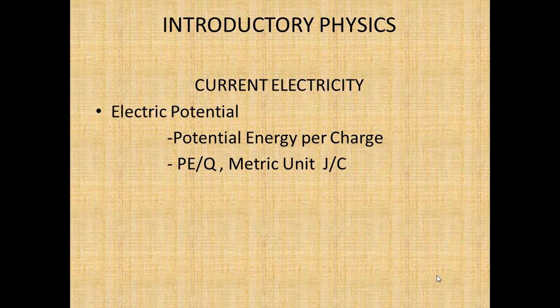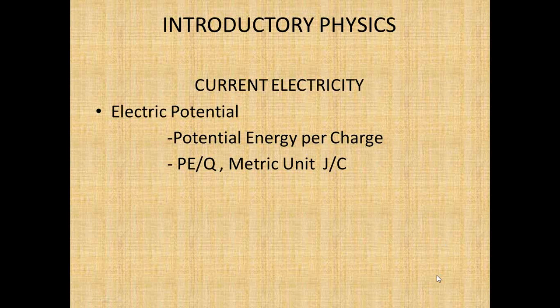In current electricity, you have flow of electric charge. So there's a difference. We're going to start with the concept of electric potential, and in order for you to understand current electricity, you have to understand the concept of electric potential.